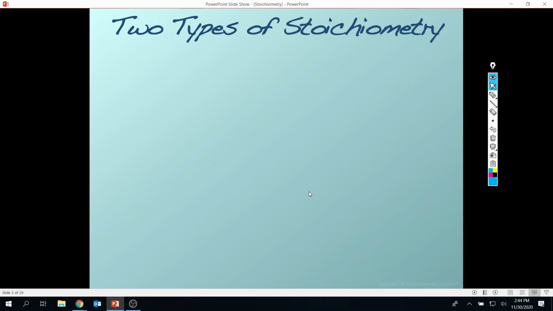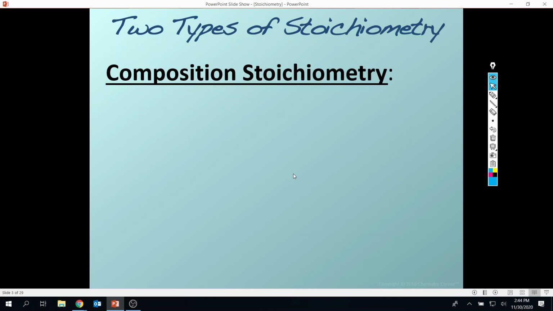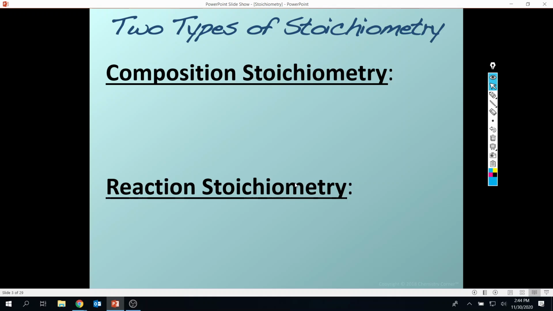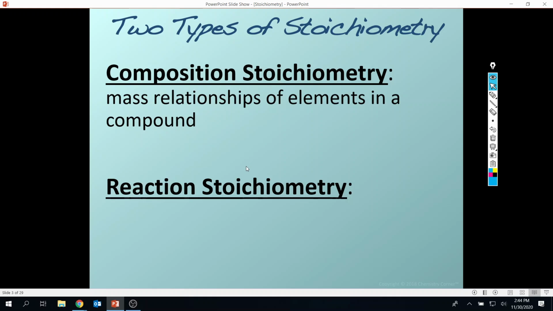There are two types of stoichiometry: composition stoichiometry and reaction stoichiometry. We're going to be examining reaction stoichiometry. Composition stoichiometry is about the mass relationship of elements in a compound. In other words, if I have an ammonium ion, how many nitrogens and how many hydrogens are there?